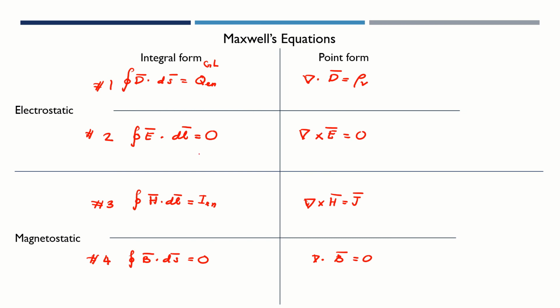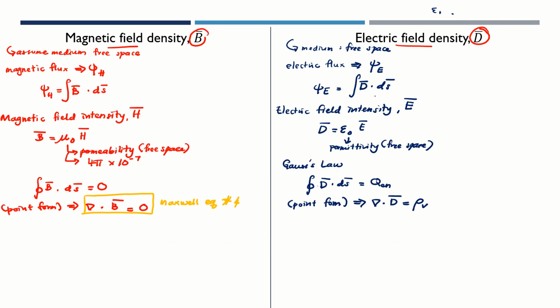Okay, so these are all the summarization of Maxwell equations, and of the electrostatic world and magnetostatic world. From here I already showed you how we define the magnetic field density from the magnetic field intensity, where there is a constant value for free space, the permeability mu naught, where the value is 4 pi times 10 to the power of minus 7.